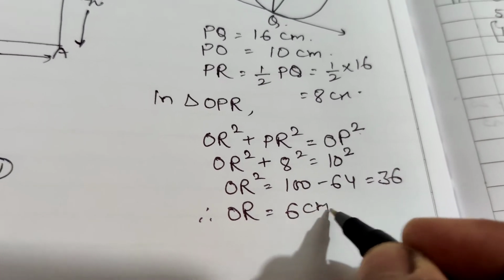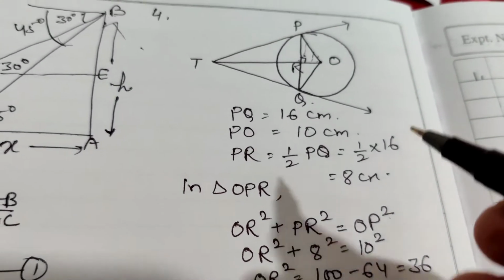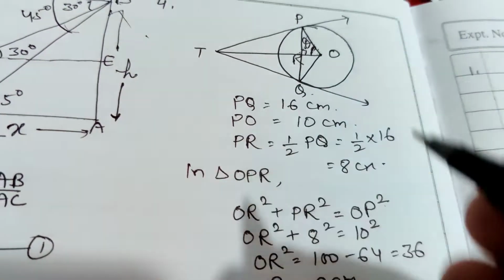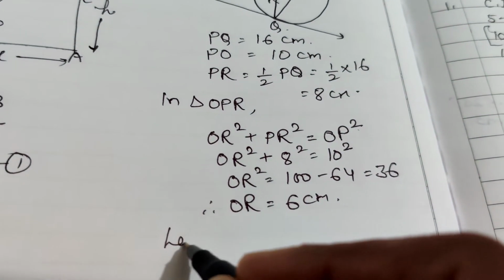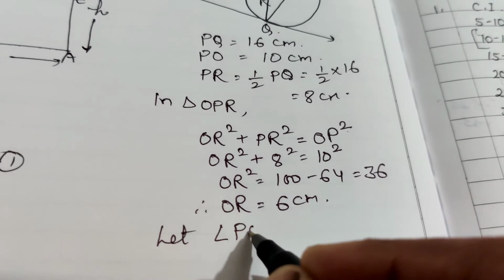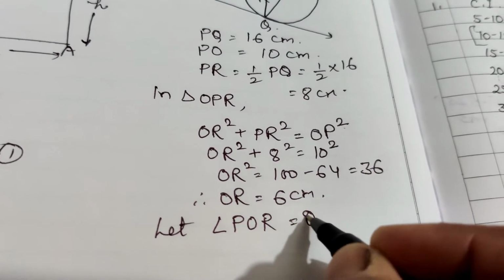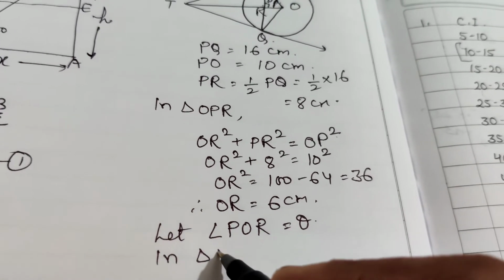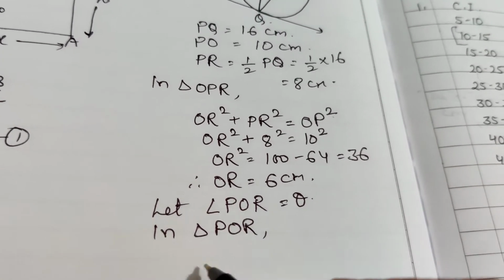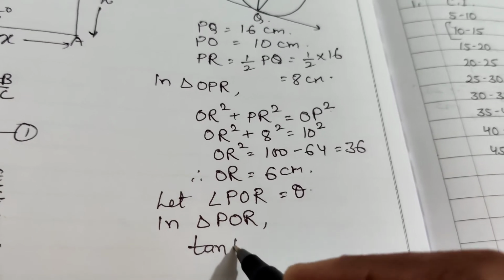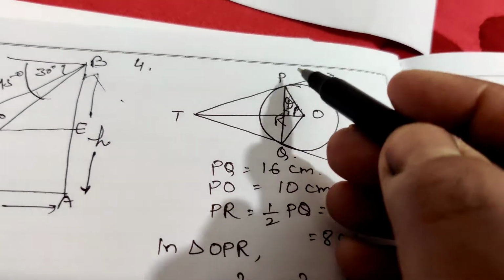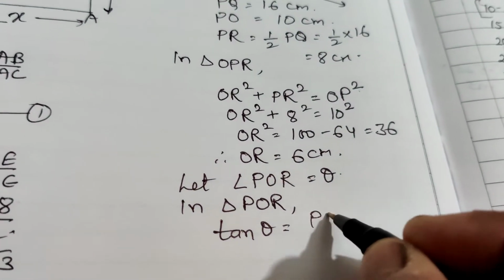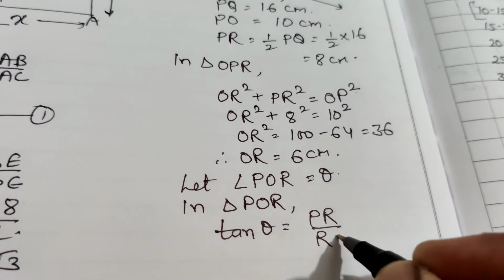Centimeter. Okay. Suppose angle POR equal to theta. Then in triangle POR, tan theta equal to perpendicular by base, PR upon RO.